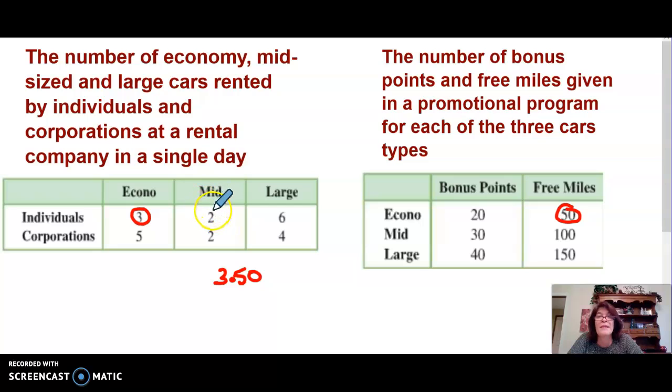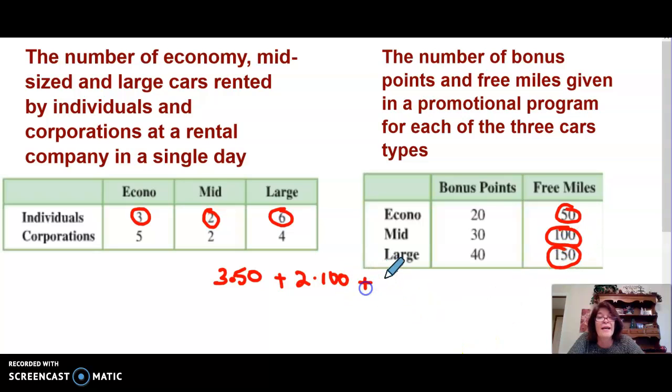All right. Midsize. We had 2 of them, and 100 free miles are given to each car. So I'm going to add to that 2 times 100. Does that make sense? Okay, and then we have 6 large cars were rented out by individuals, and for each large car, 150 free miles were given.